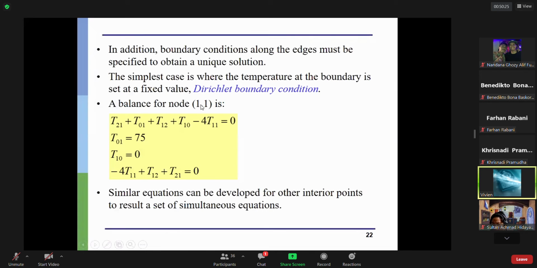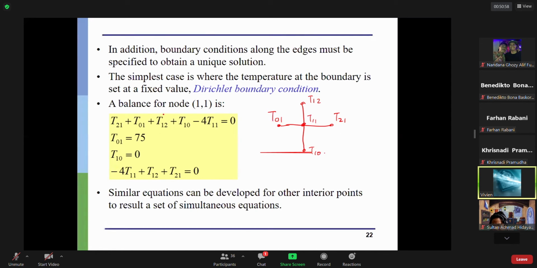For 1,1, we have T21 plus T01 plus T12 plus T10 minus 4 times T11. Here we have T11, and on the left we have T01, this one is T21, the top one is T12, and the bottom one is T10.